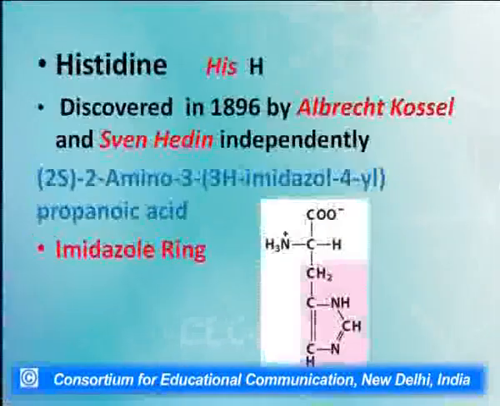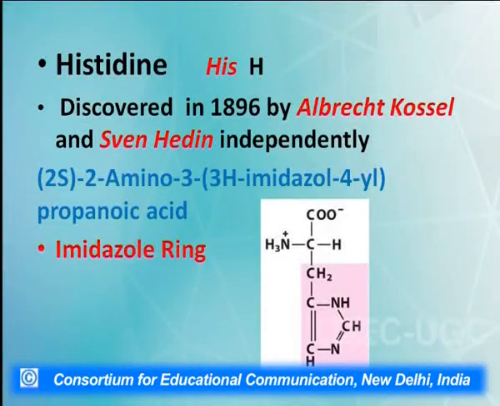The next amino acid is histidine, which is represented by the 3-letter abbreviation HIS, and its 1-letter symbol is H. It was discovered in 1896 by Albrecht Kossel and Sven Hedin independently.